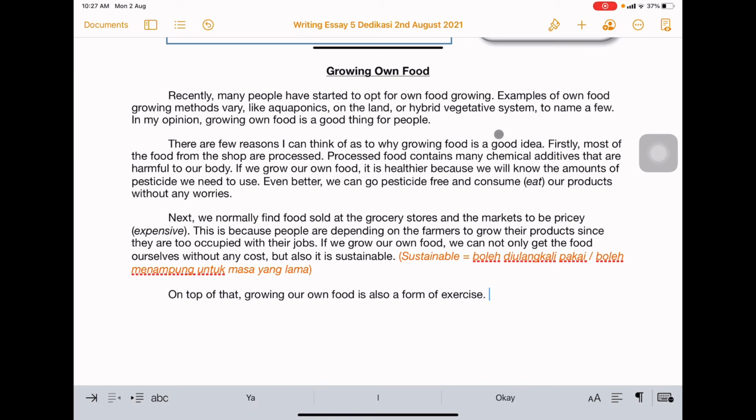So you can say the work of growing our own food will make us move our whole body. Hence, sweat is produced.